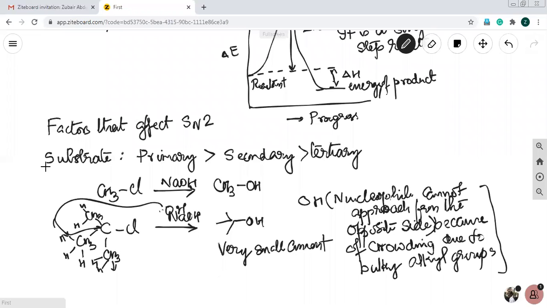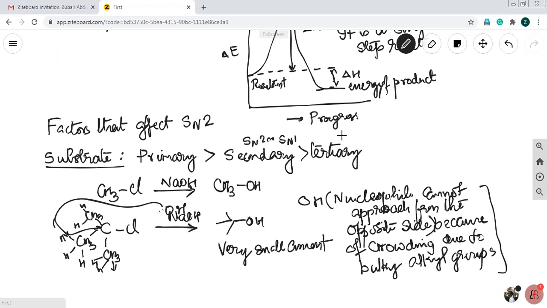So as far as substrate is concerned, primary alkyl halide will undergo SN2 reaction. Secondary will undergo SN2 or SN1, depending on other factors.